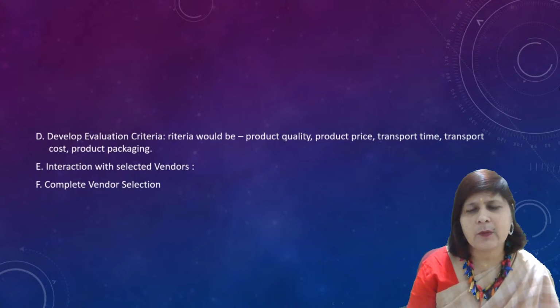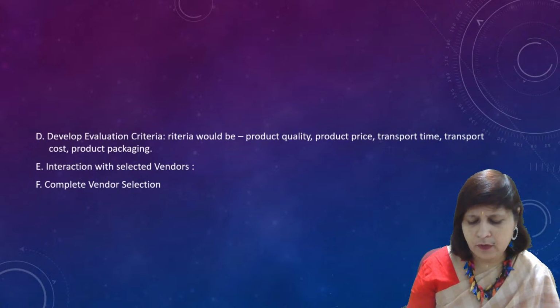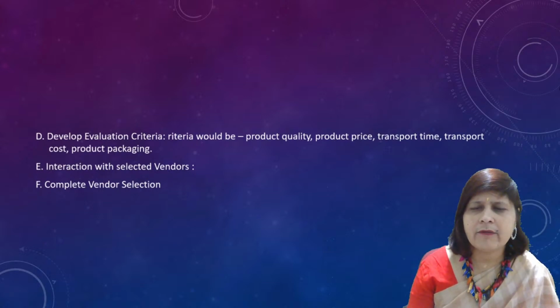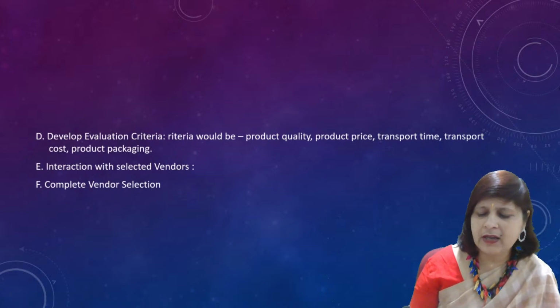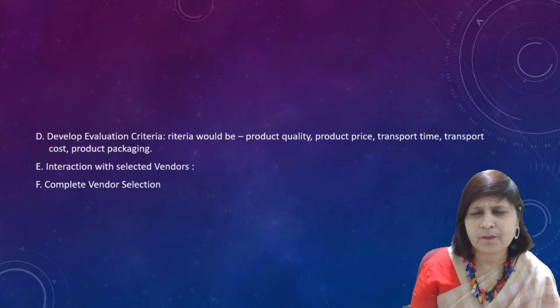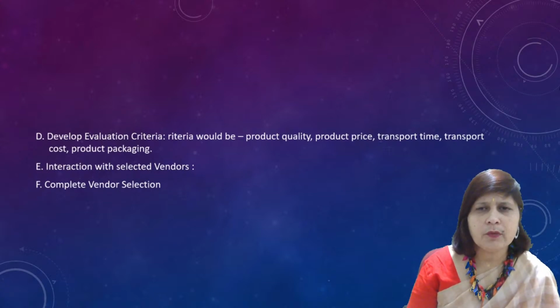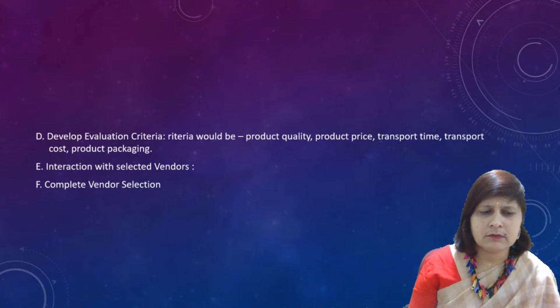Interact with the selected vendors. If you came to know about, say, 100 vendors, interact with these selected vendors. You feel like these vendors are the ones with whom I would like to interact, or I would like to do the business.